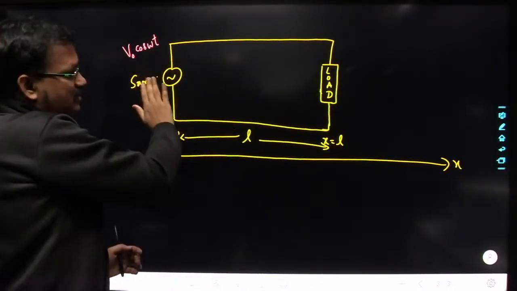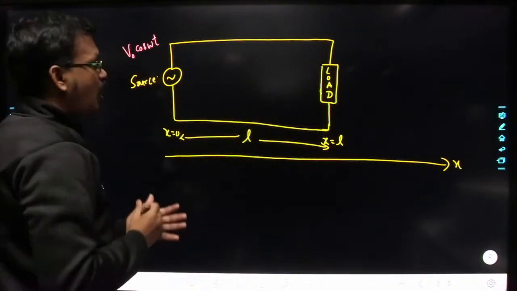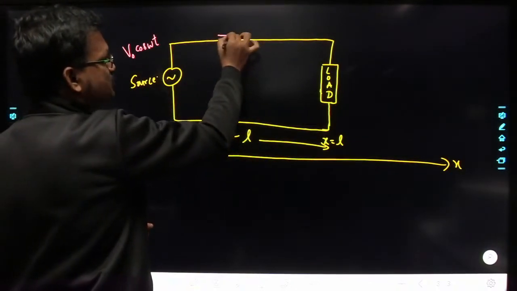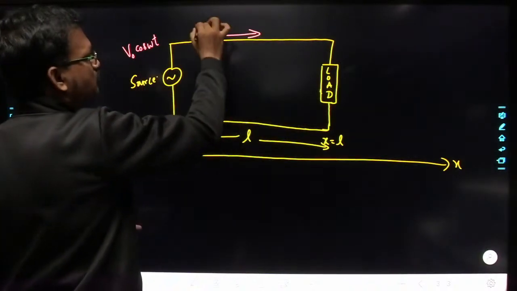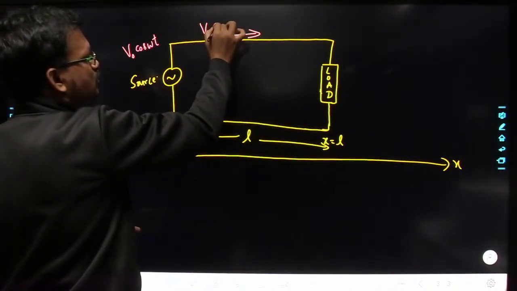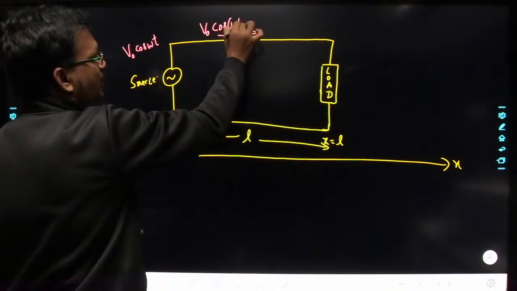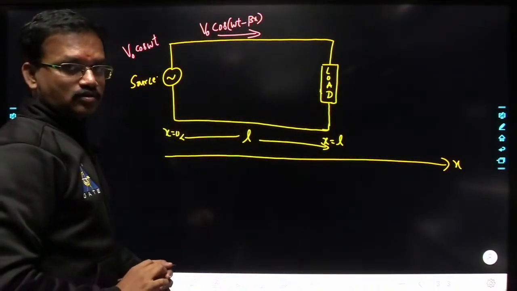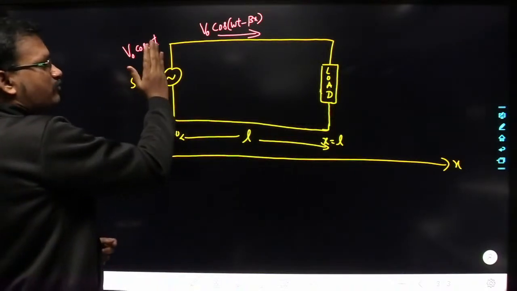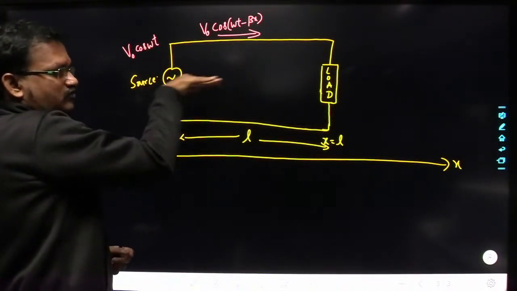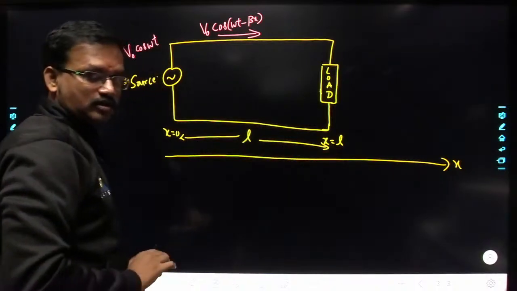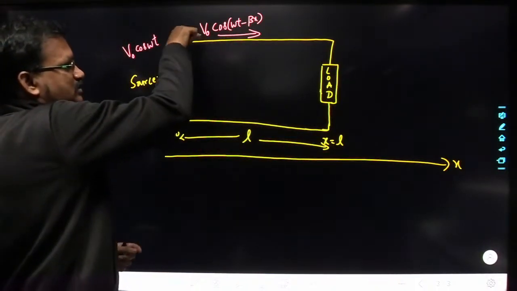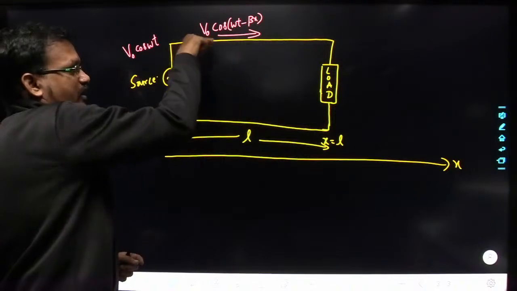Whenever the signal is propagating along x direction, how can we represent it? I have already explained this in the previous session. This represents V0 cos of omega t minus beta x. So the signal is shifting from one location to another, in the x direction. How can I represent the signal that is propagating along x?